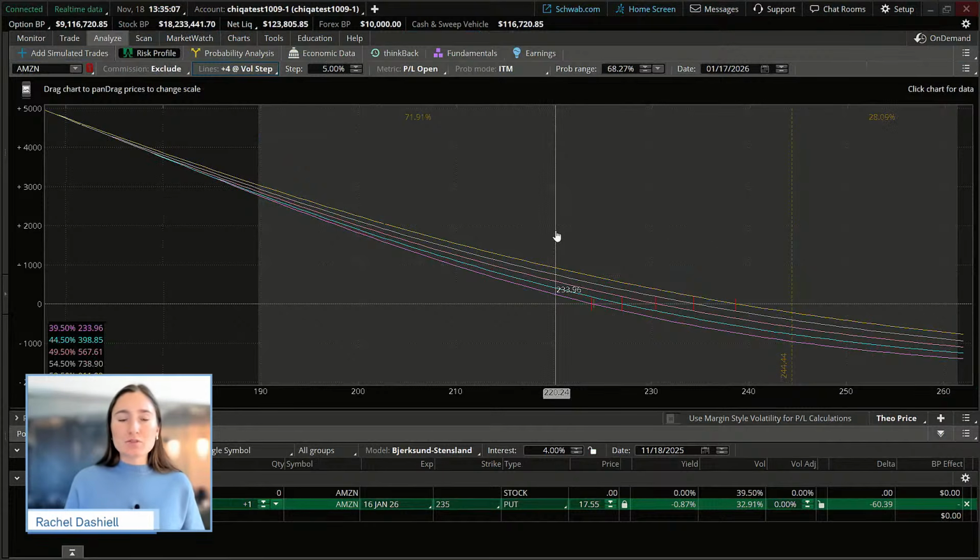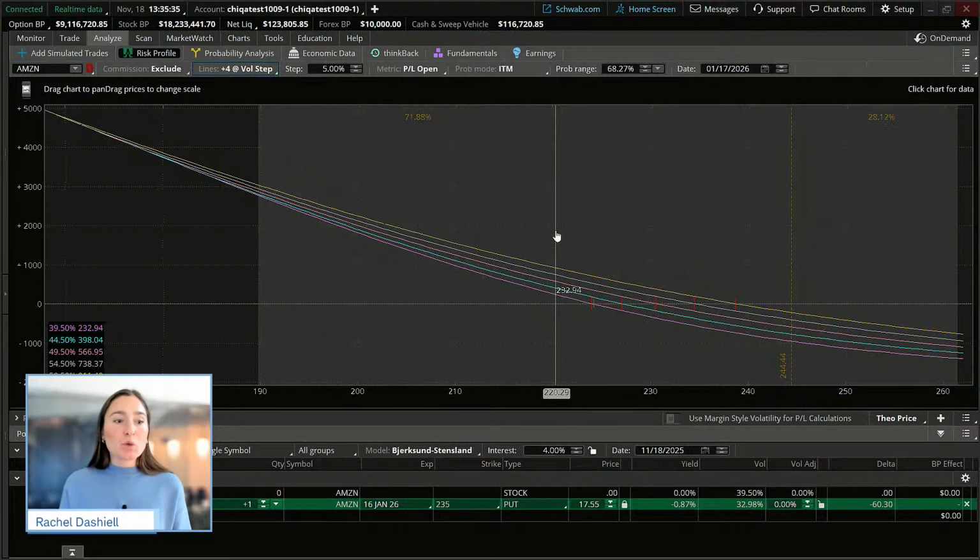I'm going to put my mouse right over that price area. And we're going to look at the lower left-hand corner where we see all those colorful values, starting with our current level of implied volatility, which is 39.5%.